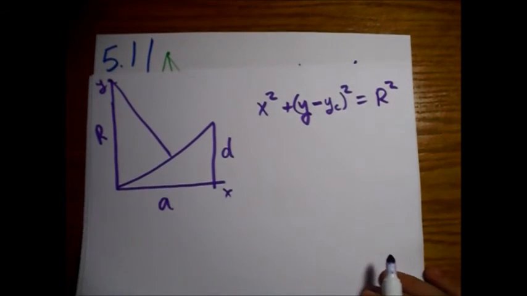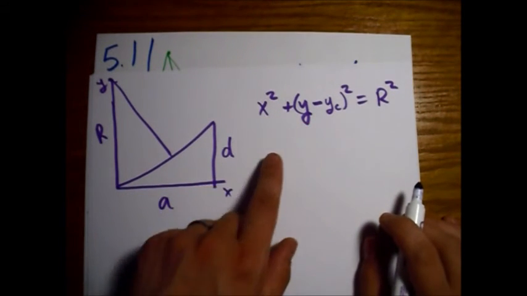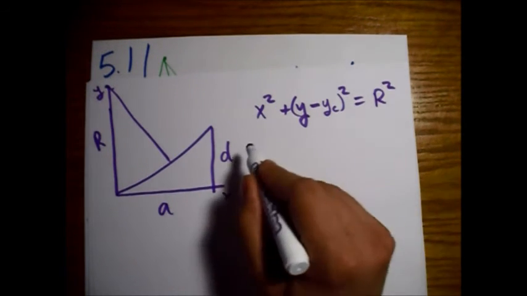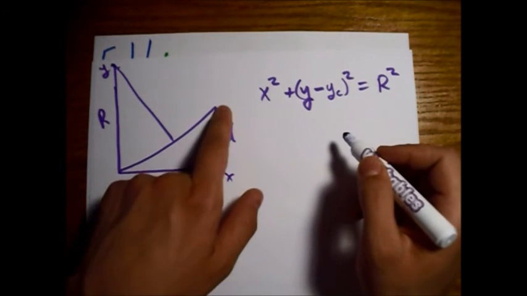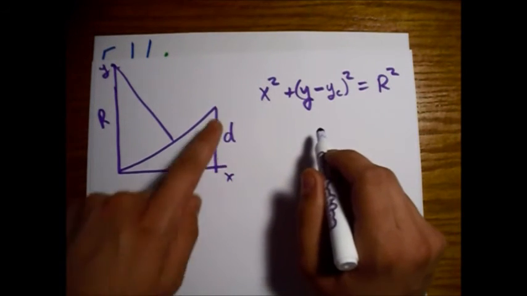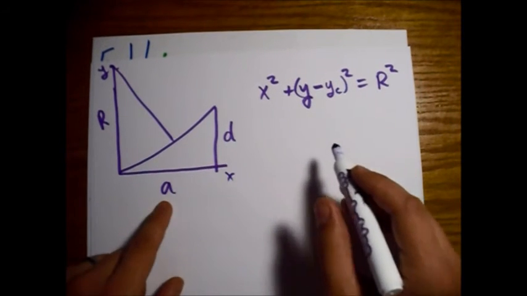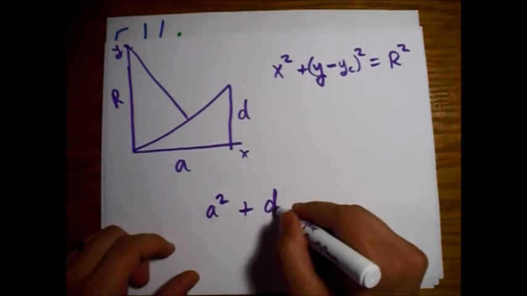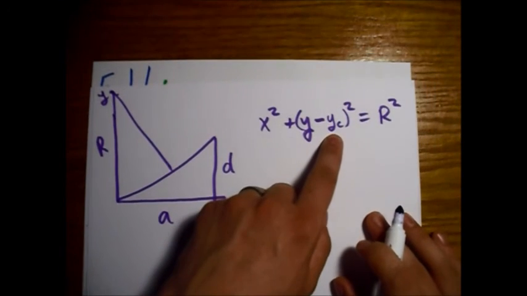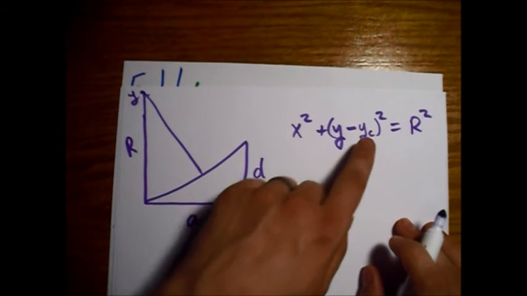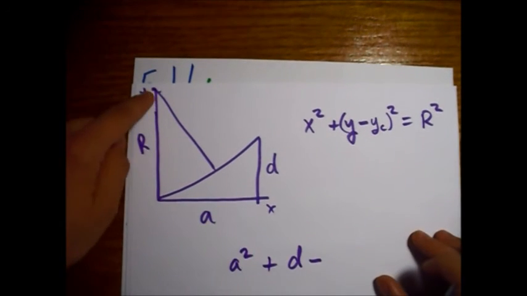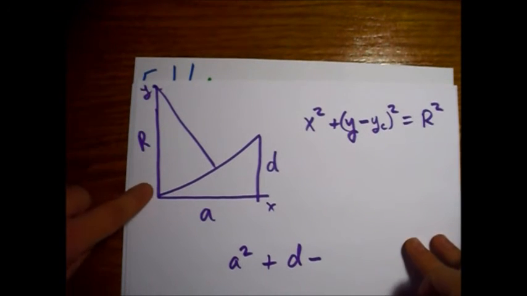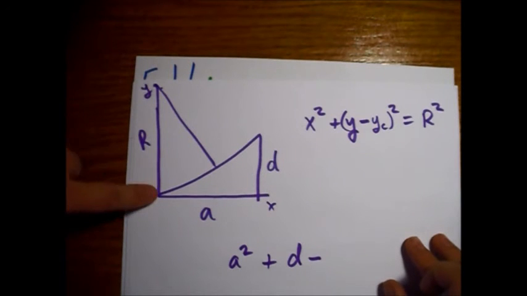So this x and this y will fit on this line. So what we have, if we just pick this point here at A and D, D is our y and A is our x, so we have A squared plus D minus y sub c, that's the y component of the location of the center of our circle, which is at x equals 0, y equals big R right here.